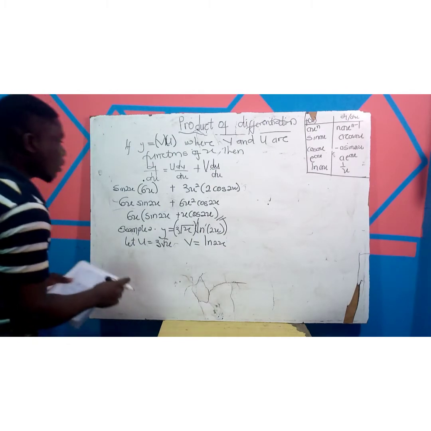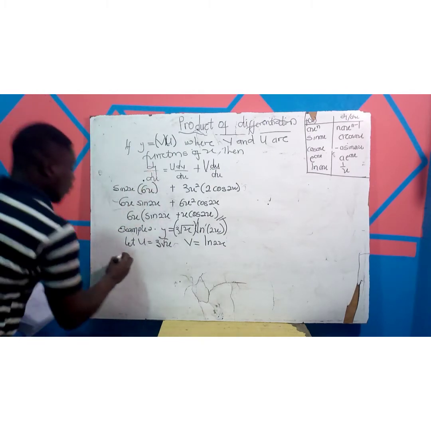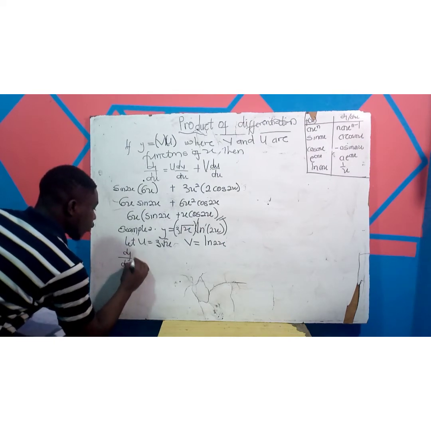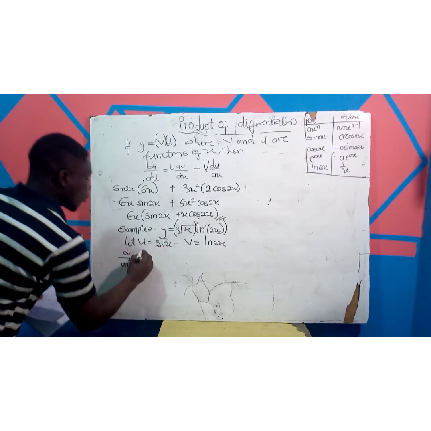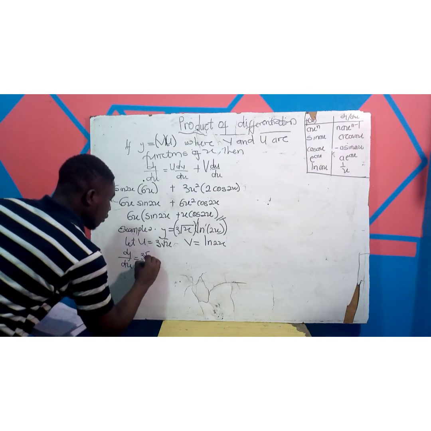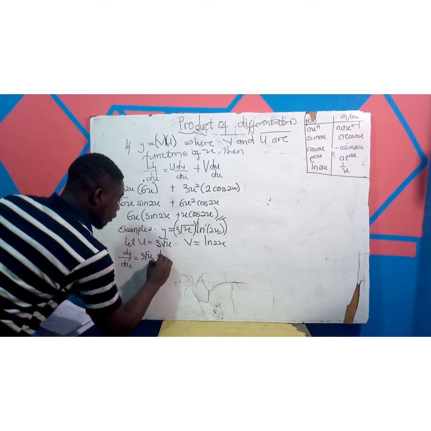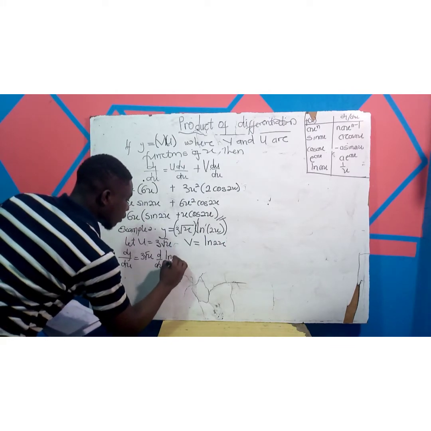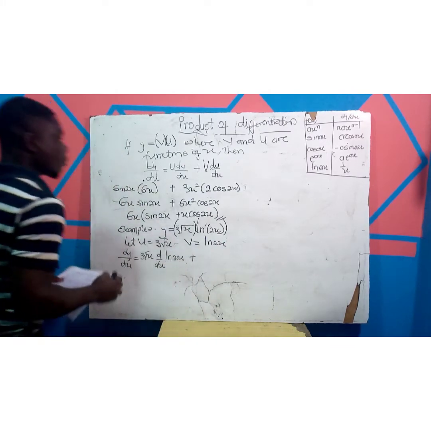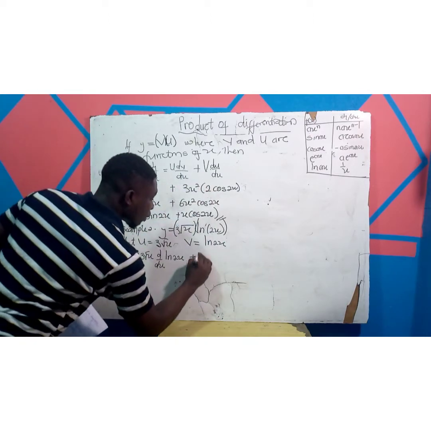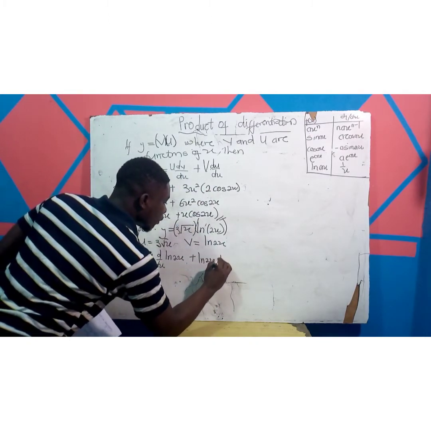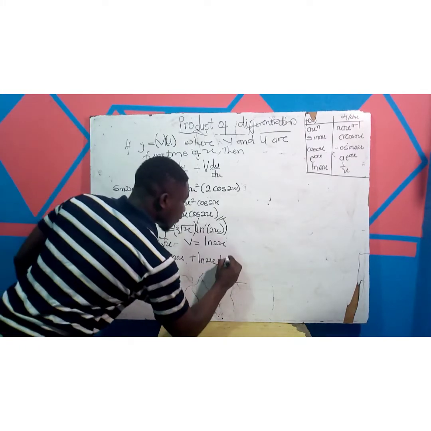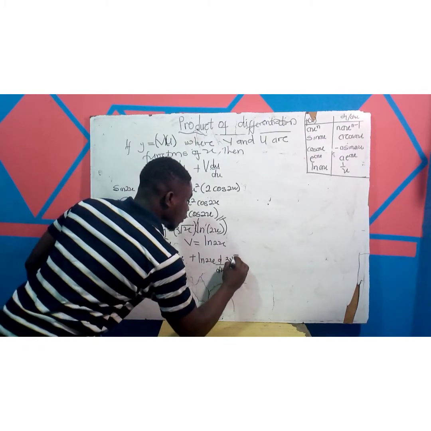Now putting it into the formula, dy/dx will be equal to u d over dx of v, plus v d over dx of u, that is, ln 2x d over dx of 3 root x.